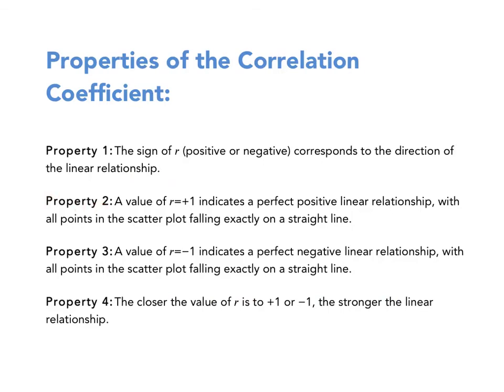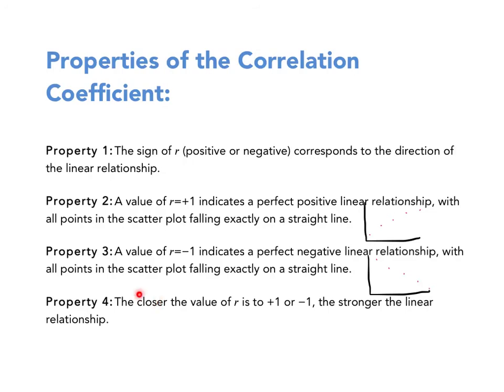Property 2, a value of R equals +1 indicates a perfect positive linear relationship with all points in the scatter plot falling on a straight line, and we saw that in our first example where the dots went in a perfect straight line. Property 3, a value of R equals -1 indicates a perfect negative linear relationship with all points in the scatter plot falling on a straight line. And we saw that in our third scatter plot on the previous slide.